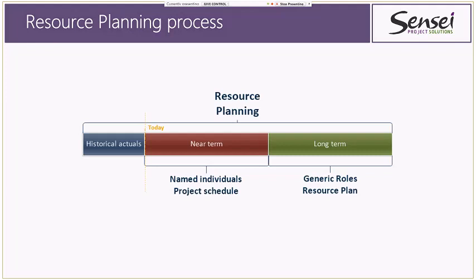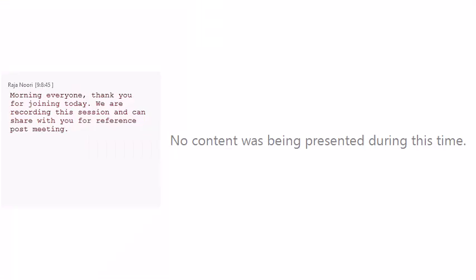So in the context of the planning process, we tend to think of long-term planning for projects and resources as being done at a generic level, meaning by role. We typically don't want to say that I need Bill, Bob, or Joanne on a project in 2018. We want to say I need a business analyst, a developer, a process engineer, and a project manager, for example.